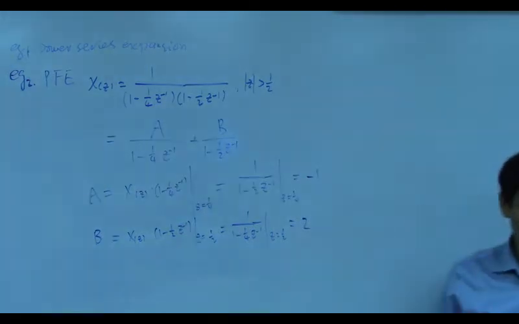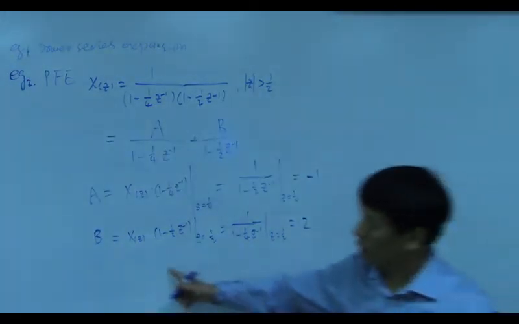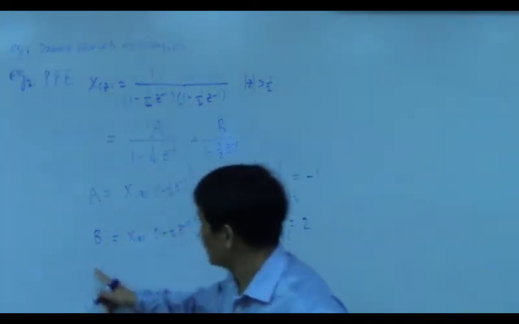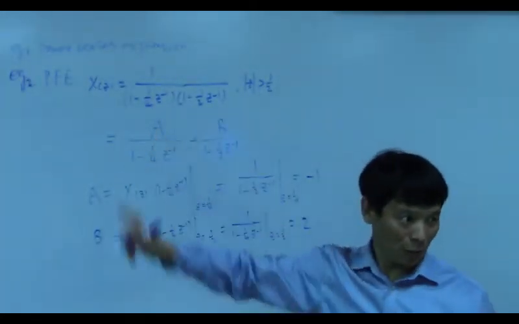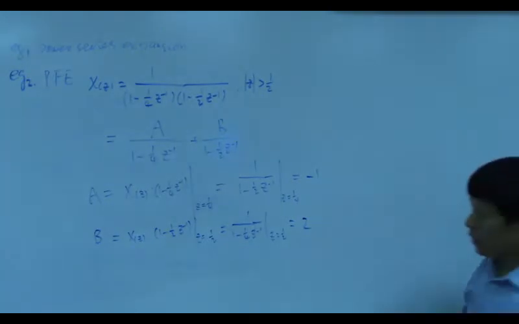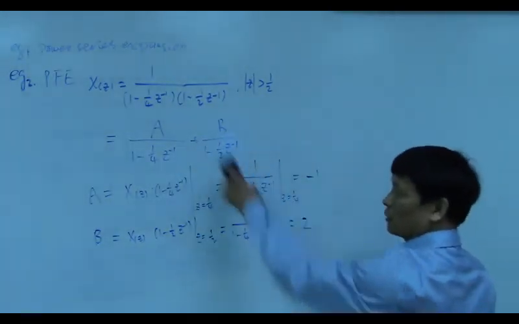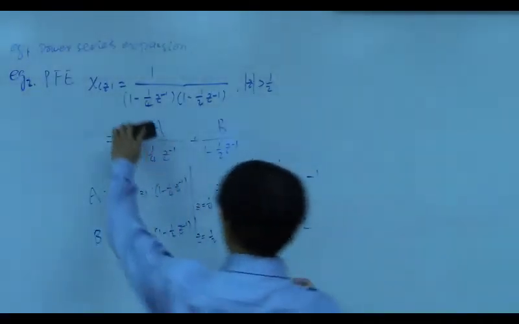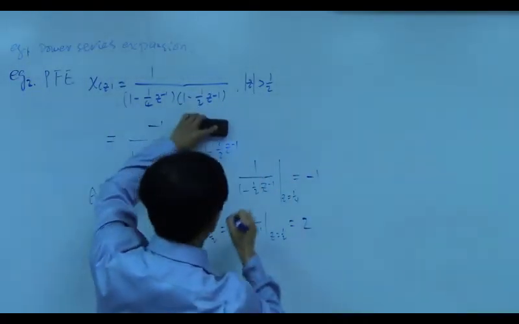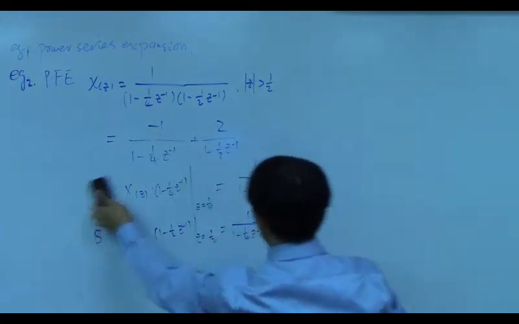In the homework or in the test, what you do is you need to copy X(z) equals, and just plug this one into here, this into here. But for me, on the board, I will just remove this and change this one to here. Does that make sense? So you know what you should do, okay? So this one equals negative 1, this one equals 2, I will remove all this.